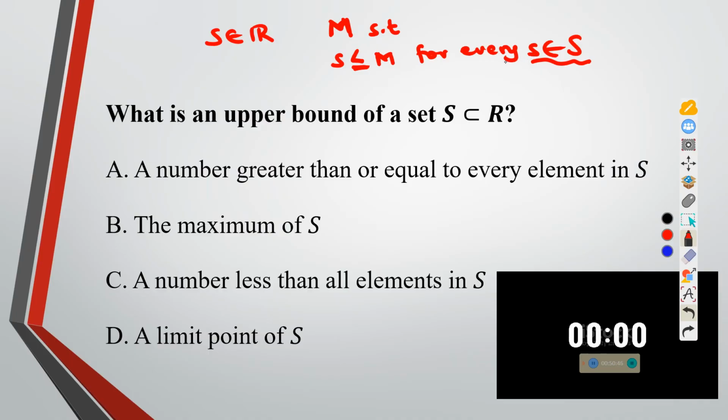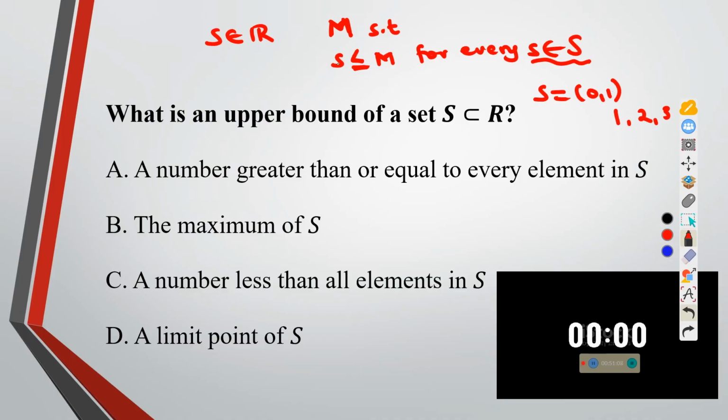So it can be in the set or outside the set. For example, for the set S = (0, 1), when we talk about the upper bound, 1 can be an upper bound, but an element like 2, 3, or 4 will also be an upper bound of this set.